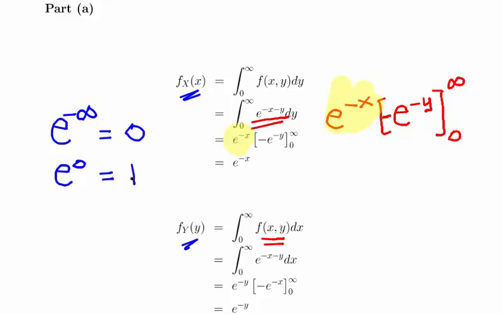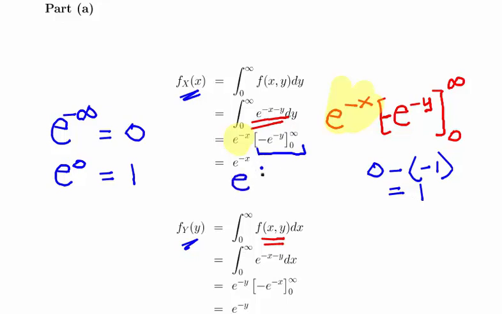So when we evaluate this expression entirely, we get 0 minus 1, with the minus sign in front, which is just equal to 1. So this entire expression just becomes 1.